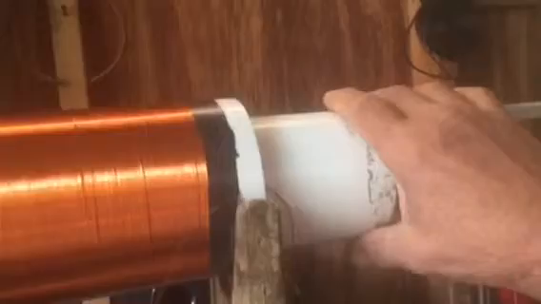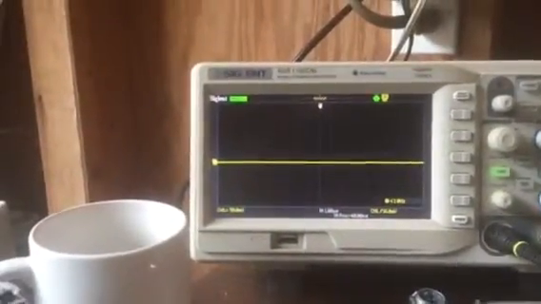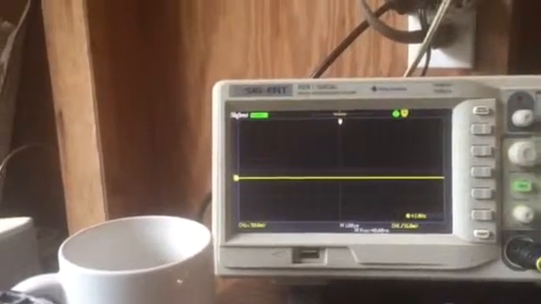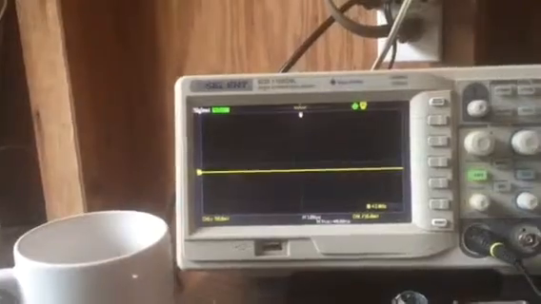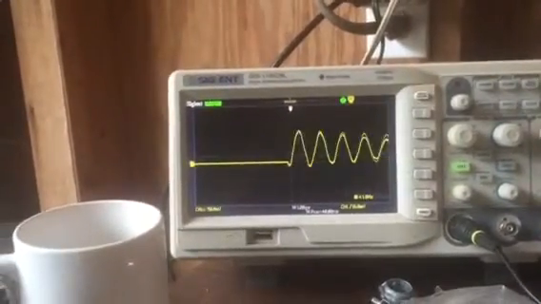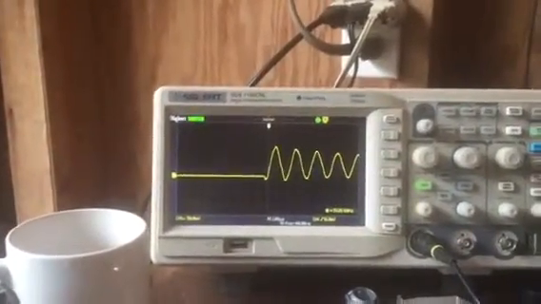Now let's go ahead and start sliding my coil out. Sliding it out slowly. And let's see if anything appears. There it is. So I had to push it in more. And now we're getting some crests.